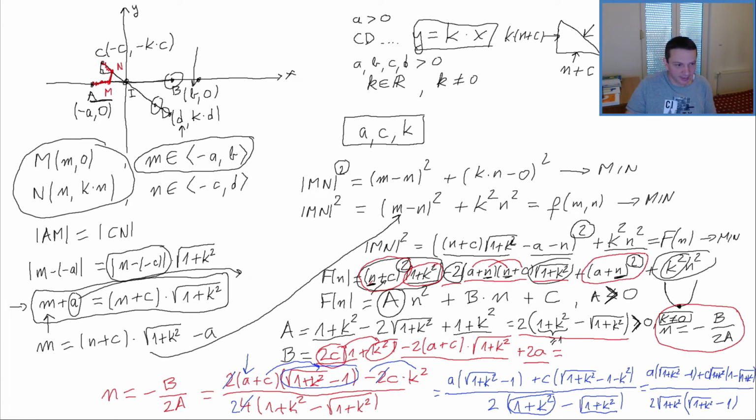So now we have a nice cancellation here. Let me change the color once again. So we will be able to cancel this with this, and this with this, with minus 1 left.